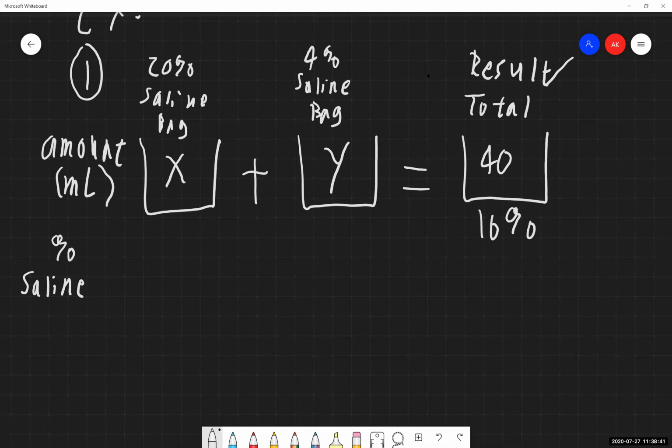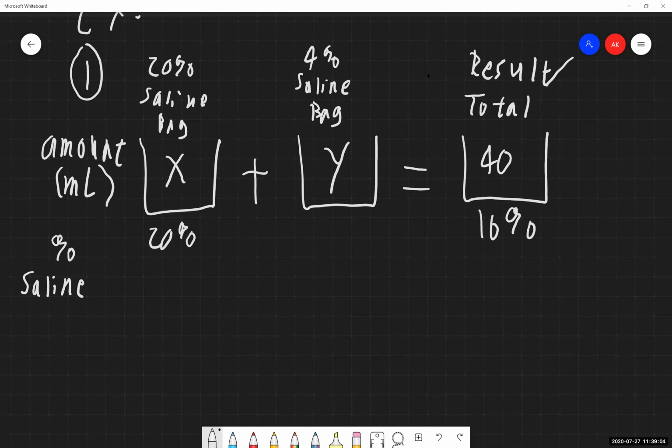Now we have these bottom two parts to fill in accordingly. Within the 20% saline bag, what percentage of that bag is saline? As it's been given to us, it's going to be 20%. And what about for the 4% saline bag?